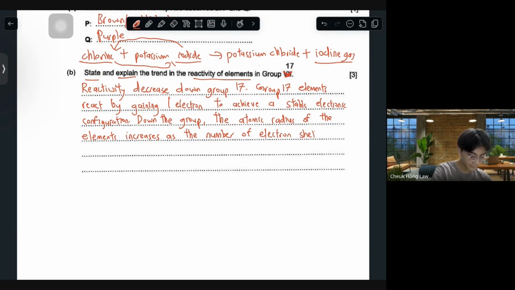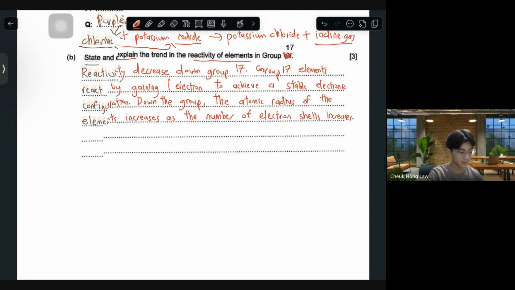The atomic radius of the elements will increase as the number of electron shells increases.